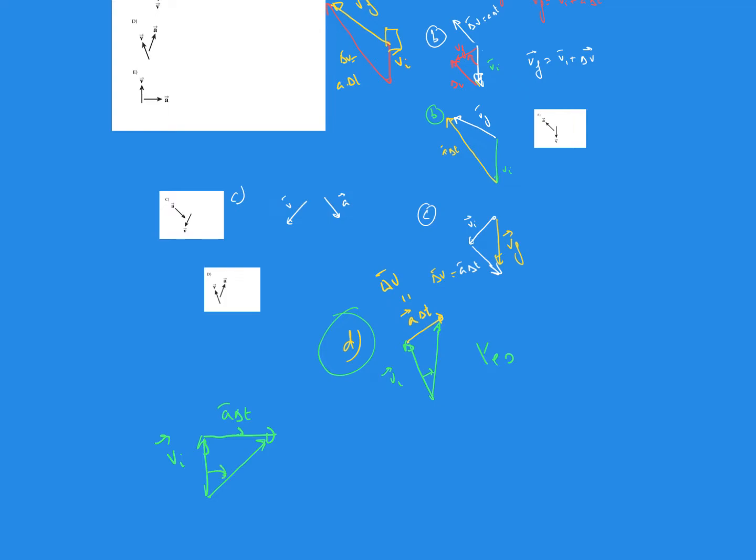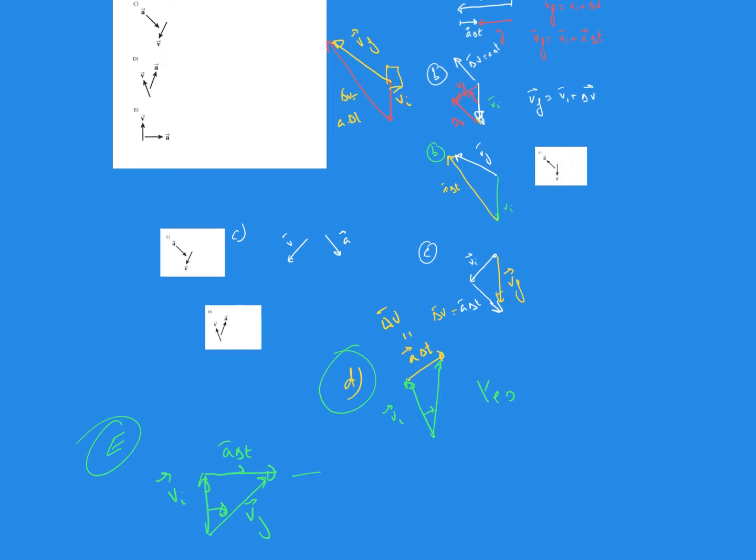It is rotating to its right, so this is V final, and instantaneously it is not increasing its magnitude. It's difficult to explain why instantaneously an acceleration that is perpendicular to the initial velocity is not changing it. But if you keep the acceleration in this direction, this final velocity will change in magnitude and will change in direction to the right. So I should say that E is also possible. So what we said, D and E are possible.